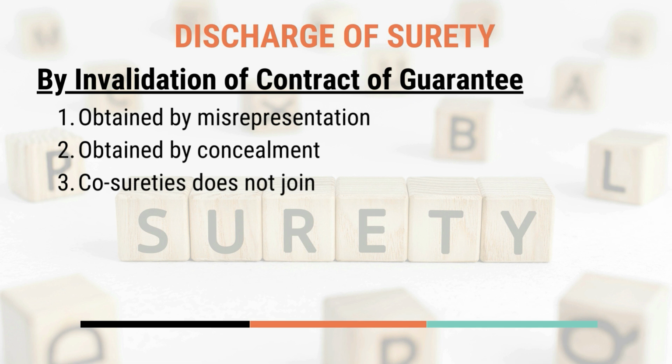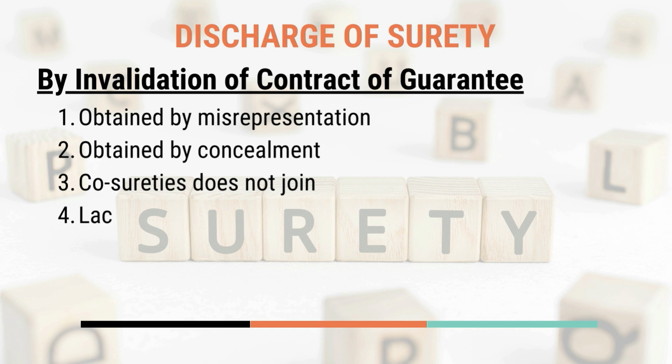So by withdrawing from the contract of co-sureties, the main surety is eligible to get withdrawal also. In that way, it will be treated that the responsibility, the liability of the surety is over.